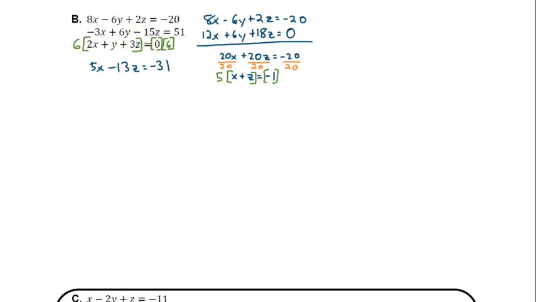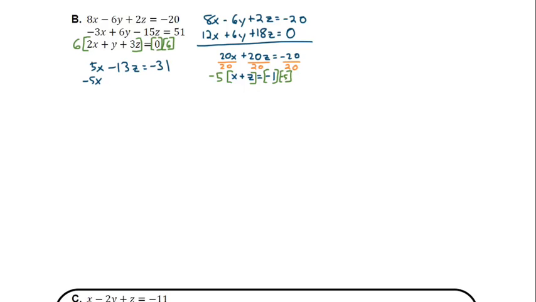Negative 1 times 5. Alright? So, 5 times x is... Oh, I have to multiply by negative 5. I apologize, because I got to change the sign. Mr. Hunter, you have to change the sign. So, negative 5 times x is negative 5x.